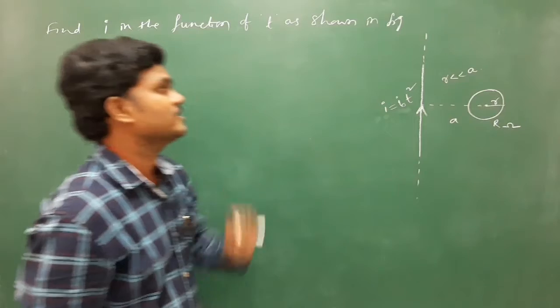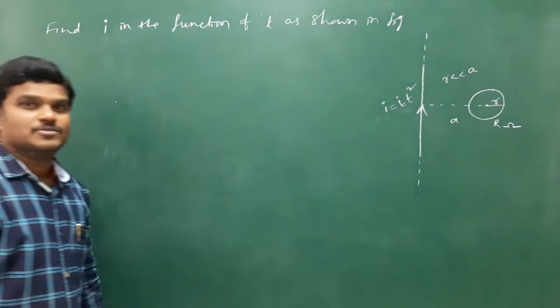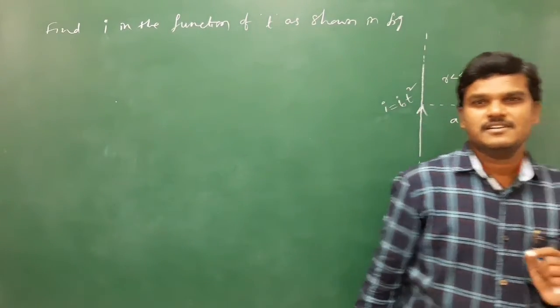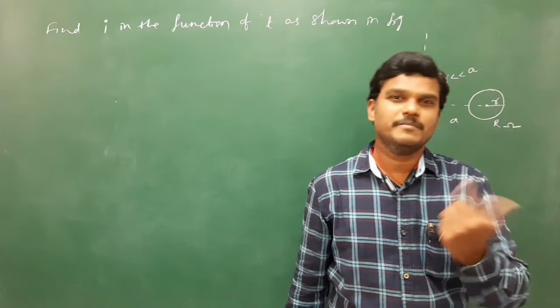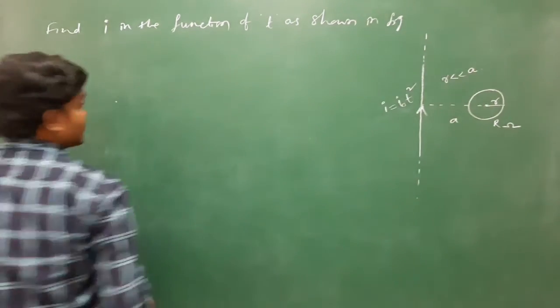Now we need to find induced current. Induced current is nothing but induced EMF by resistance. EMF is nothing but d phi by dt.